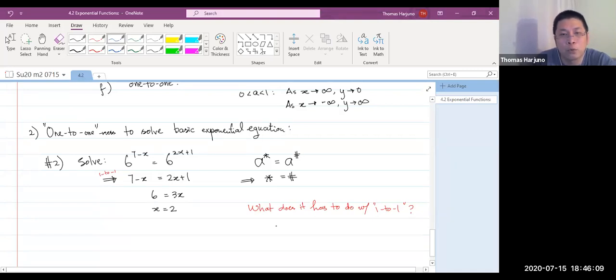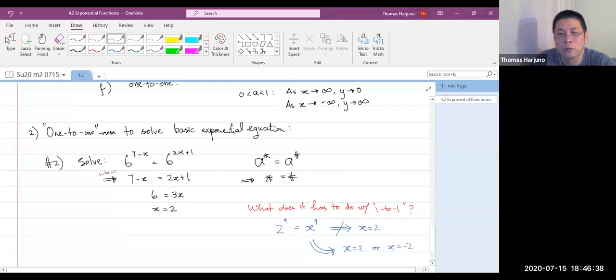Let's say if I have 2 to the power of 4 equals x to the power of 4. Now, it does not consequently imply x equals 2. No. In fact, the answer is x can be 2 or x can be negative 2.